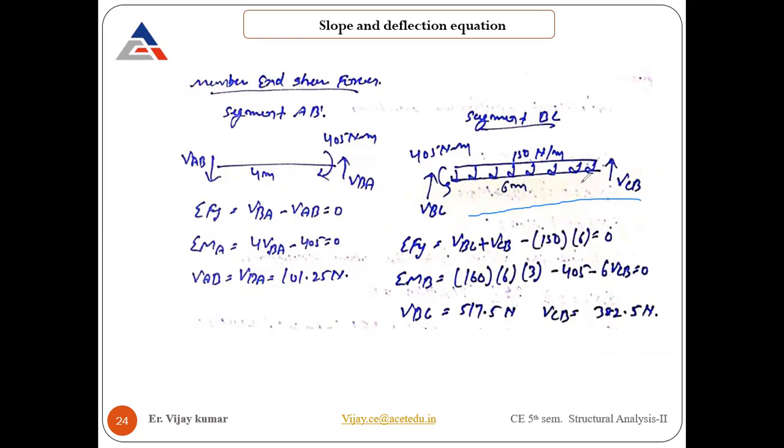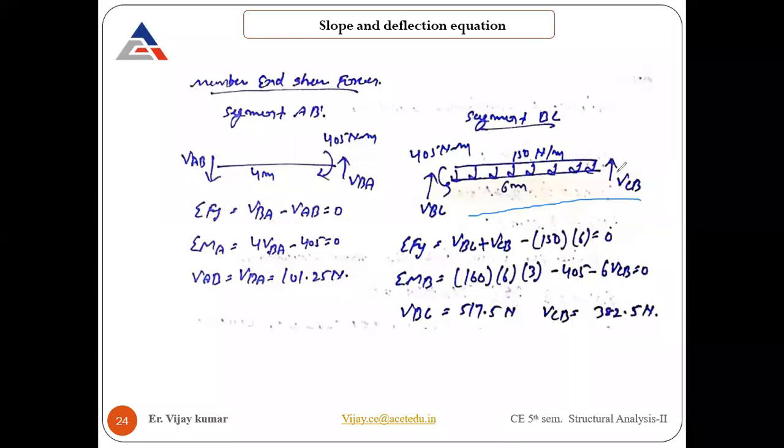UDL load is considered a rectangle loading, so the rectangle area is 150 as the loading height into 6 as the base, so the total value comes out to 900.